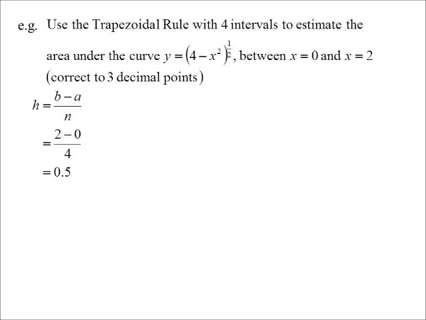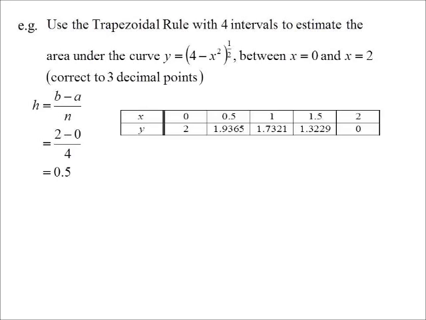4 of them we're going to have. So b minus a over 4, I know there's going to be a half between each of my intervals. So I draw up a table of values. I know I'm going up by halves: start at 0, then 0.5, 1, 1.5, 2. Substitute into my formula, 4 minus x squared to the power of a half.